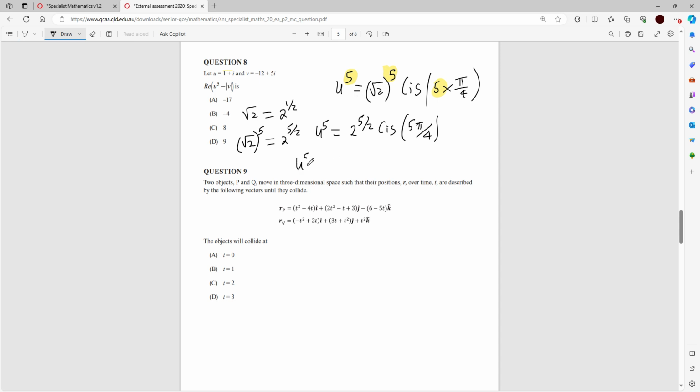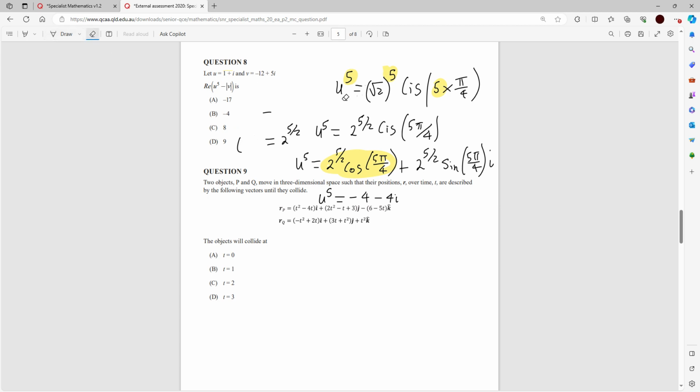In Cartesian form, the real part is 2 to the 5 on 2 cos 5 pi on 4, plus the imaginary part, 2 to the 5 on 2 sine of 5 pi on 4, times i. If you put that in your calculator, you get the proper numbers. So you get u to the power of 5 equals minus 4, minus 4i. So I worked out what u to the power of 5 is without doing any crazy multiplication that would have taken too long.